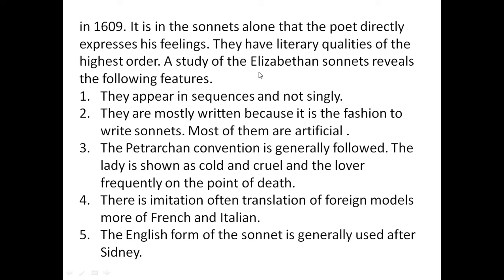A study of the Elizabethan sonnets reveals the following features. They appear in sequences and not singly. They are mostly written because it is the fashion to write sonnets. Most of them are artificial. The Petrarchan convention is generally followed. The lady is shown as cold and cruel, and the lover frequently on the point of death.